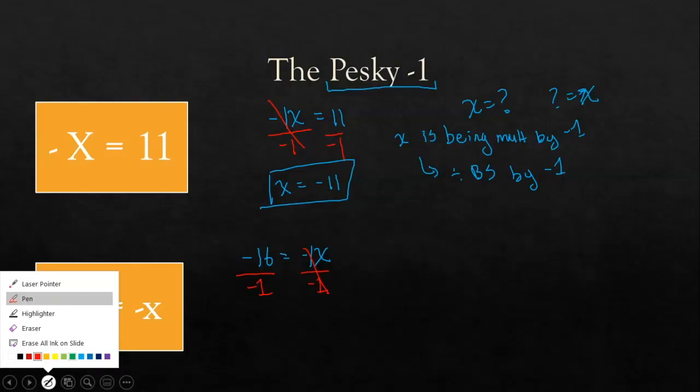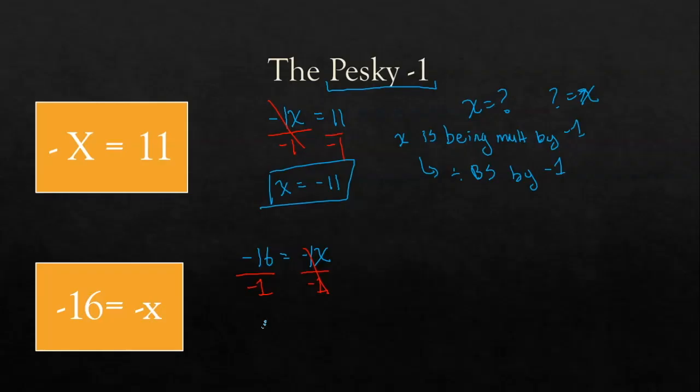And then I'm going to go to my calculator if I can't remember the rules of negatives, and I'm going to go -16 divided by -1 using that plus minus key. And that'll give me 16 is equal to x. So you can notice here, if you want to do it the long way and divide by -1, you can. But essentially all this negative in front does is it means we flip the sign of the other value.